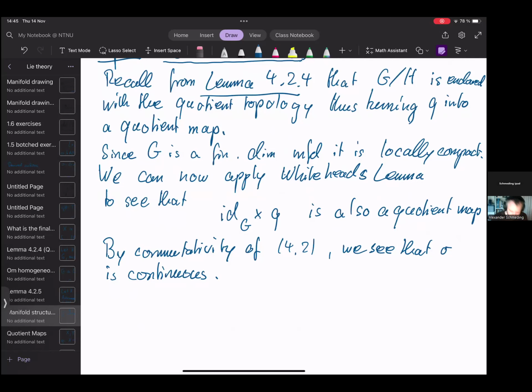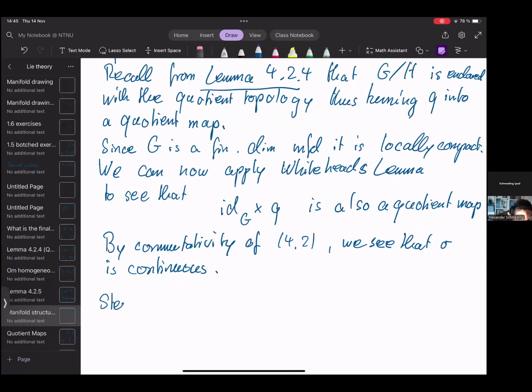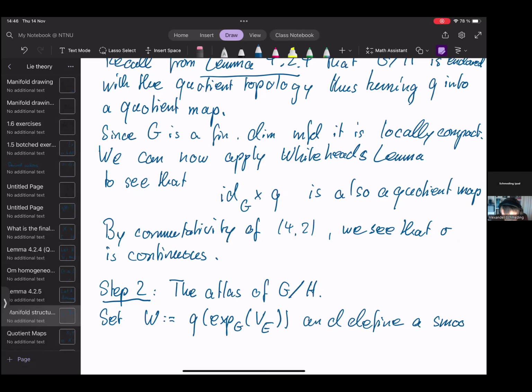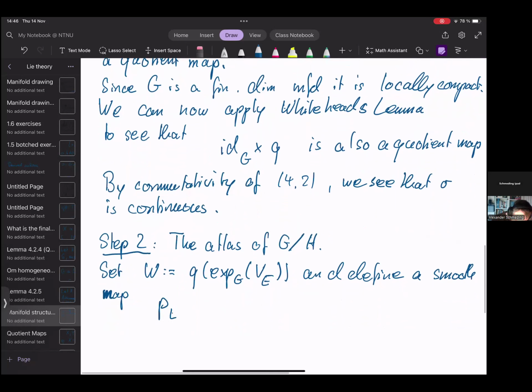And now how do we proceed? So step 2, after we have the continuity of this, is we basically construct in step 2 the atlas of the homogeneous space, or the coset space if you want, G mod H. And for this, we set W as the image of the exponentiated image of VE, and define a smooth map, and this map we call PE, and it goes from the pre-image of W into VE.